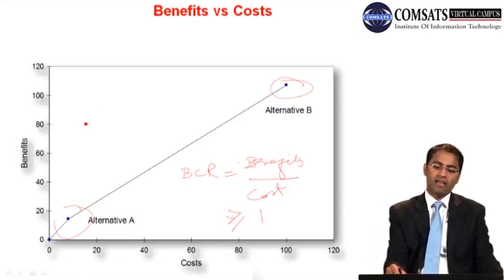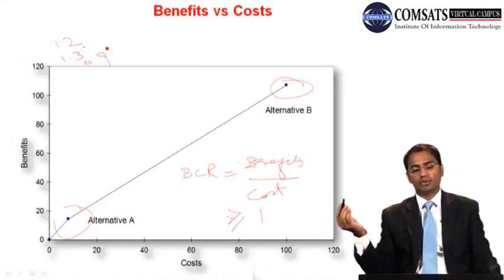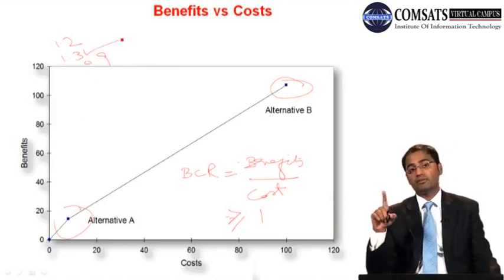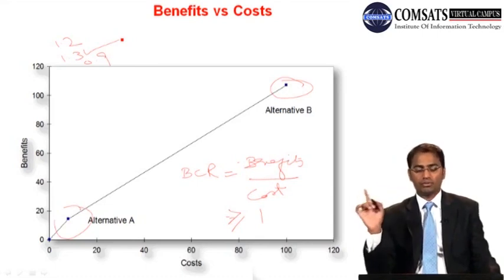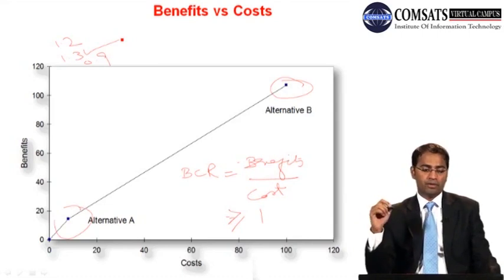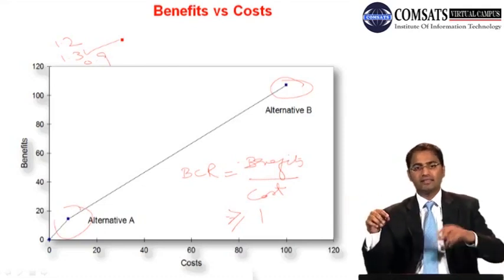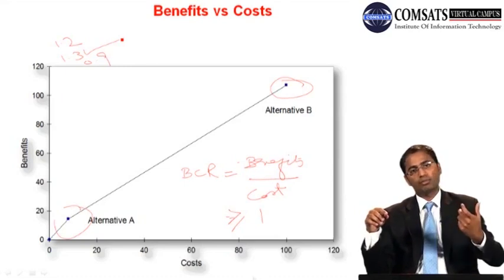So one project has a benefit cost ratio of let's say 1.2, another has 1.3, and another has 0.9. Which project will you choose? Remember there is a difference between cost benefit ratio and benefit cost ratio, and we use benefit cost ratio to be consistent with other good practices. So 1.3 BCR is the good one, and you select your project based on this. This is the third parameter on which you select your project.